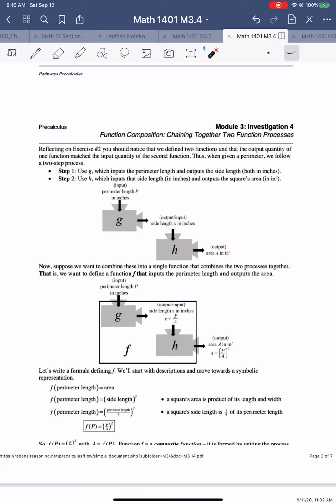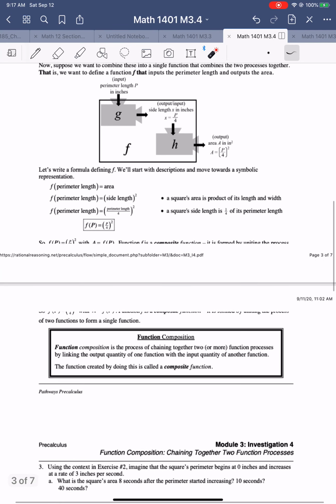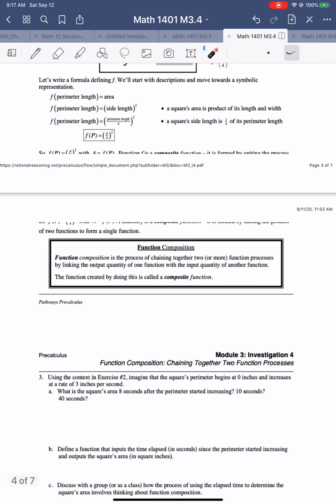So it goes through two different machines to get out. Function composition is a process of chaining together two or more function processes by linking the output quantity of one function with the input quantity of another function. The function created by doing this is called the composite function.